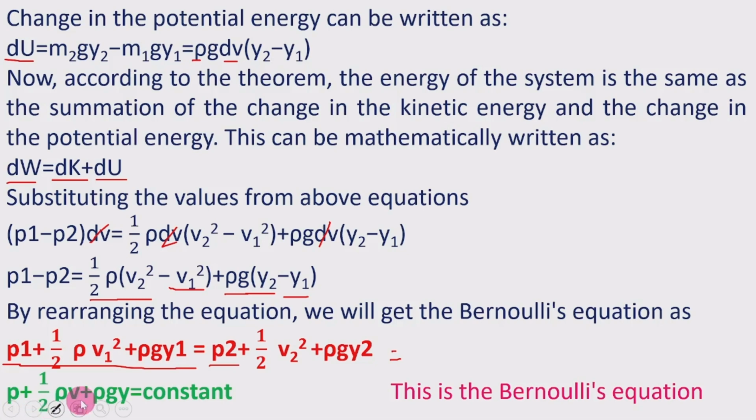That is P plus half rho V square plus rho g y is equal to constant. Commonly, we can write pressure energy plus kinetic energy plus potential energy equal to constant at any section, and the equation we obtain is called Bernoulli's equation.